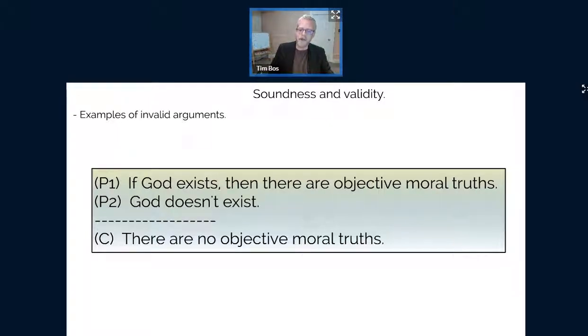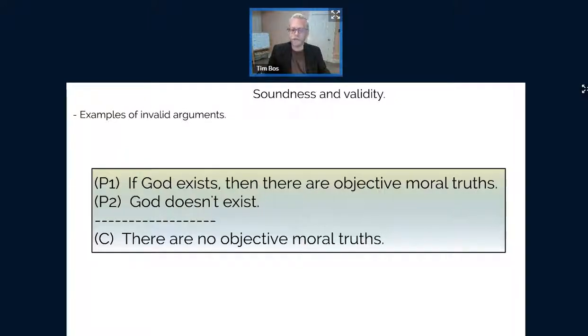What's important is that every argument with this format is going to end up being invalid, because that argument format just does not work. It's not trustworthy. You could have true premises and end up with a false conclusion. In a deductive argument, that will never work. In a valid deductive argument, that'll never happen. Right?